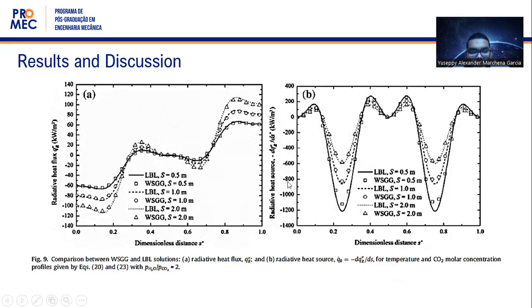Now we have symmetric profiles with higher gradients of temperature, right? We have figures 9a and 9b. So here we don't have a very slow gradient of temperature and concentration. We now have higher gradients of temperature and concentration, as we can see in figures 9a and 9b.